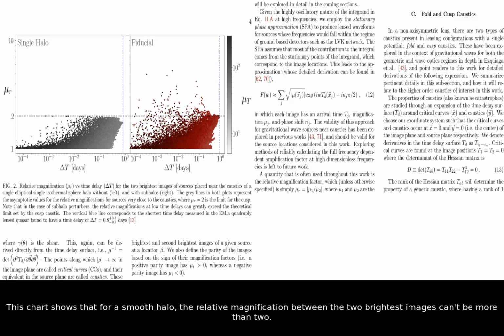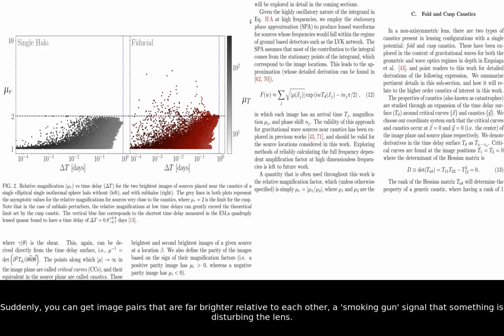This chart shows that for a smooth halo, the relative magnification between the two brightest images can't be more than 2. But the researchers' simulations showed that when you add in clumpy dark matter subhalos, this rule is completely broken. Suddenly, you can get image pairs that are far brighter relative to each other, a smoking gun signal that something is disturbing the lens.